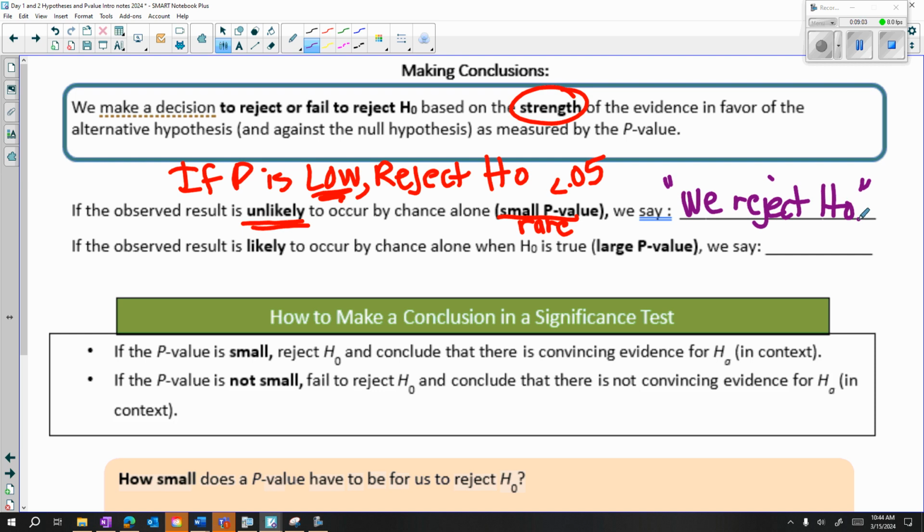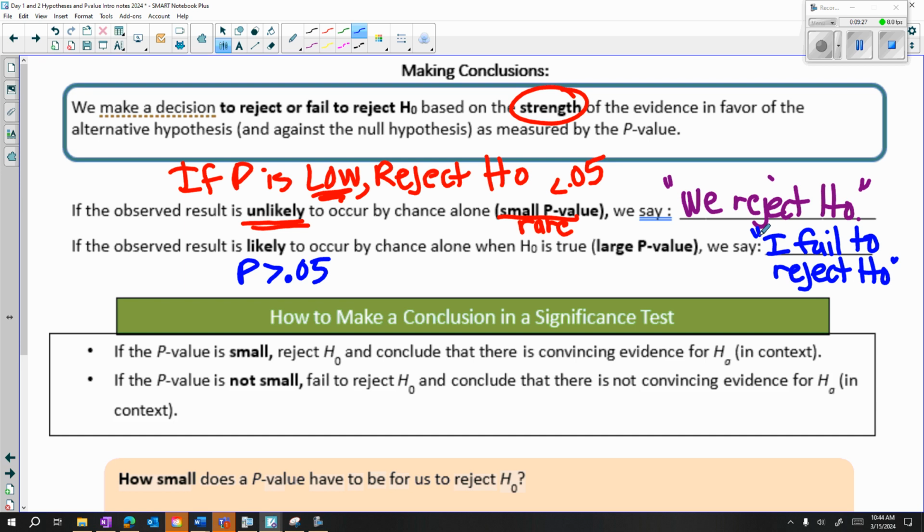But if it is likely to occur by chance, it could have just happened by chance, then the P is greater than 0.05. Then what you do is you say, I fail to reject H0. So you don't ever really prove H0, you just say, I fail to reject H0.